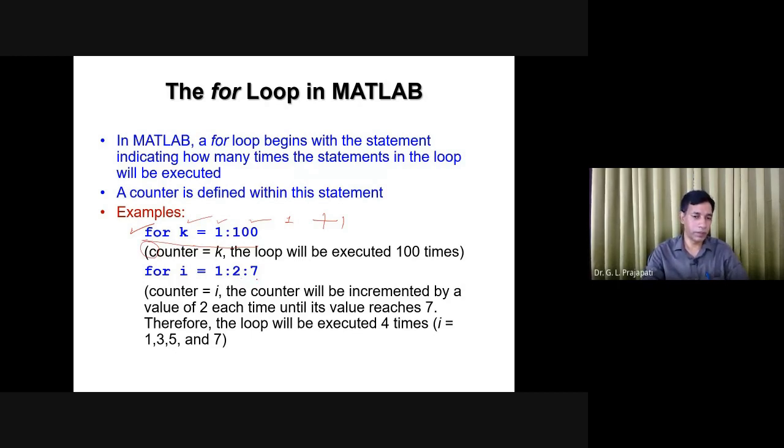And if you want, then you can specify some other increment, like for i = 1:2:7. This means that instead of incrementing by 1, you are incrementing by 2. This is the step of the increment.